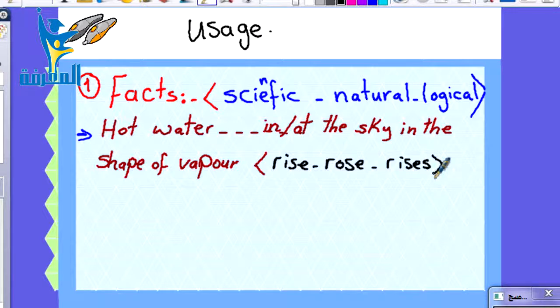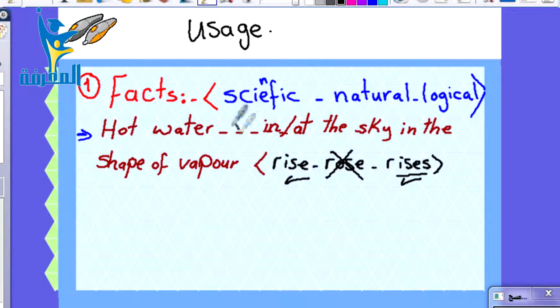This sentence is a present simple tense. Why? Because we are talking here about scientific facts. We can't express facts in any tense but the present simple one. So we are going to choose from rise, the infinitive verb, and rises. Rose is not correct. Which one of these choices is the correct one?